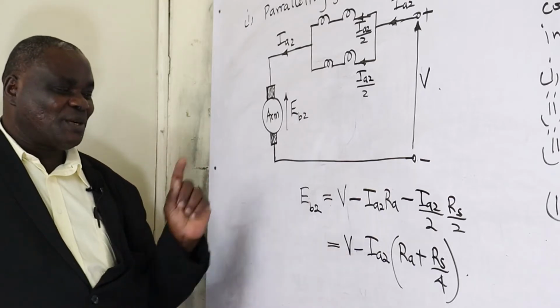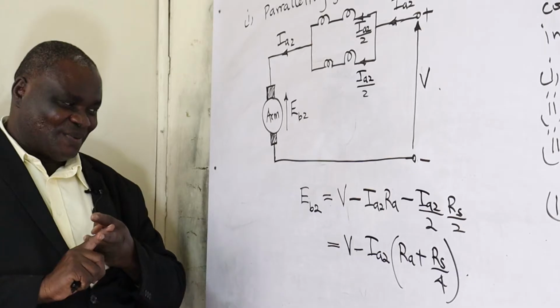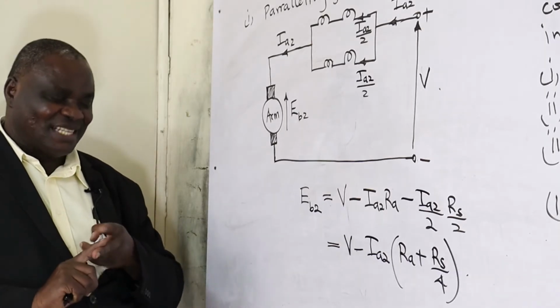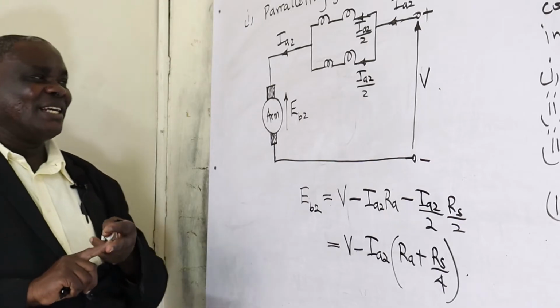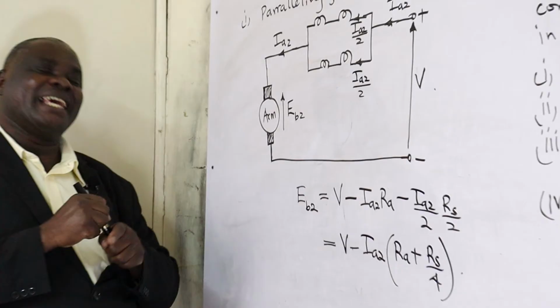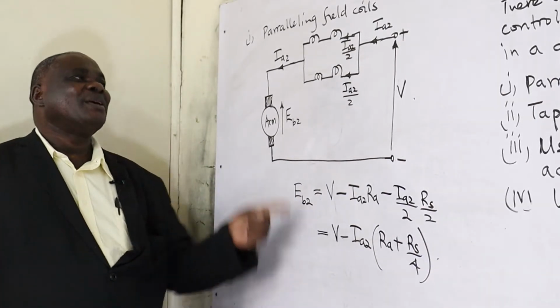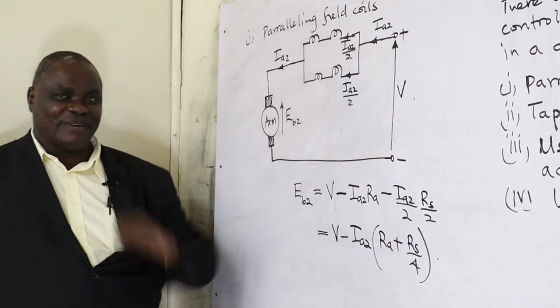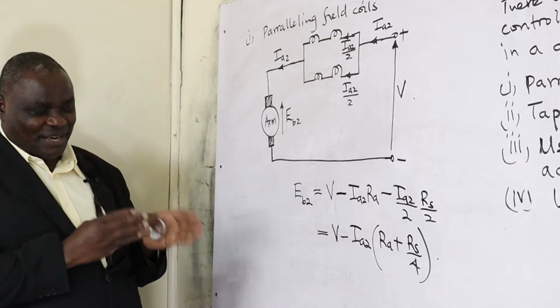We are doing this because, remember, from the speed equation, you have EB2, EB1, phi 1, and phi 2. Phi 1 is brought about by IA1. Phi 2 is brought about by IA2 over 2. That should give us the evaluation.